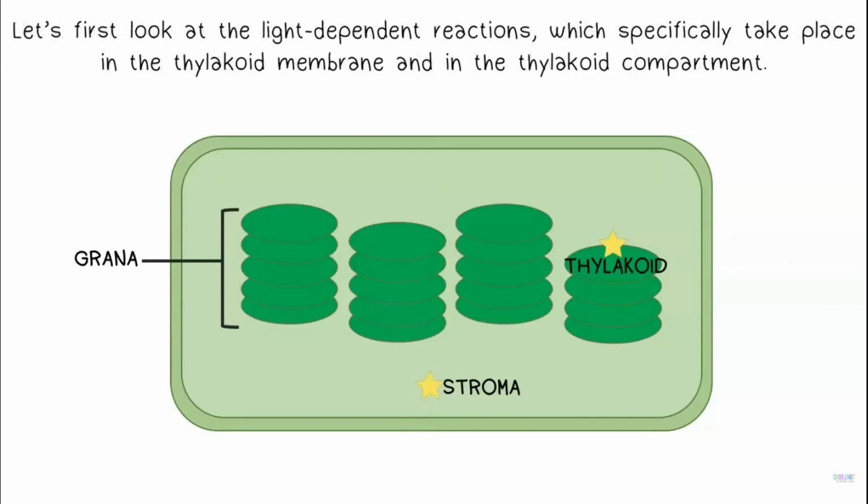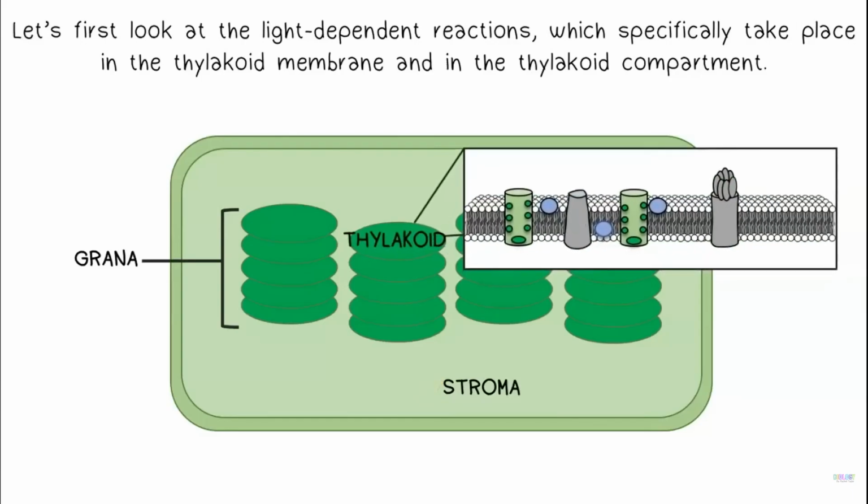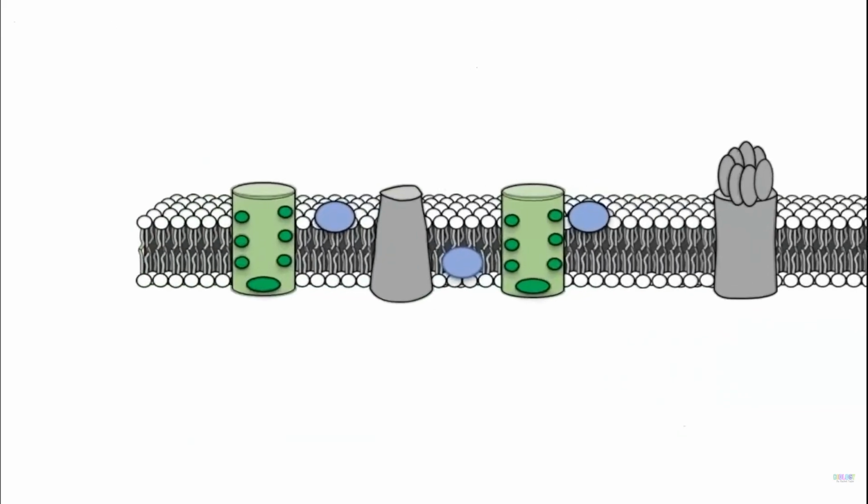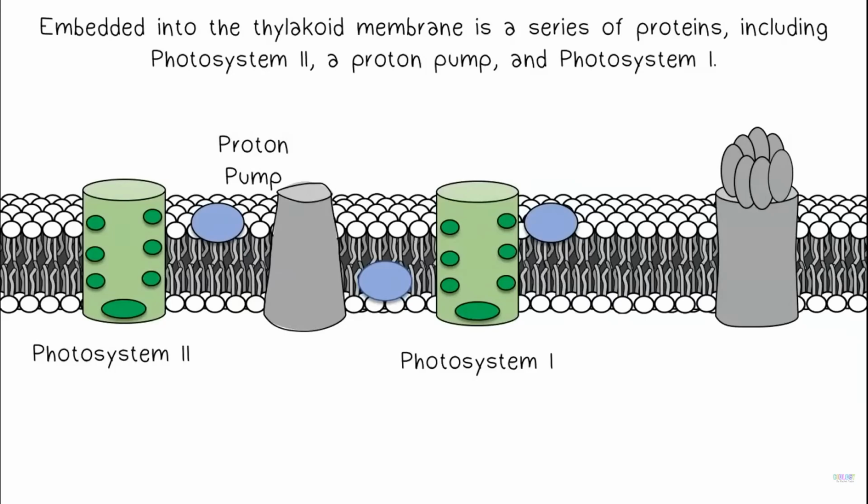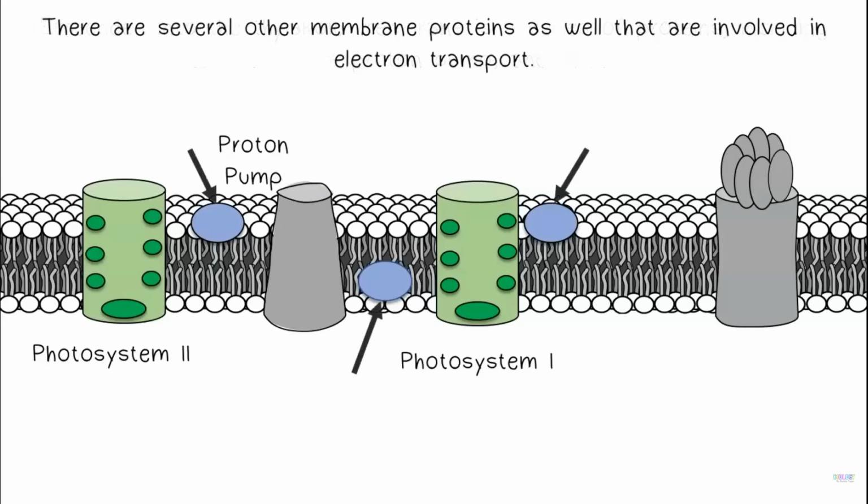Let's first look at the light-dependent reactions, which specifically take place in the thylakoid membrane and in the thylakoid compartment. Embedded into the thylakoid membrane is a series of proteins, including photosystem 2, a proton pump, and photosystem 1. There are several other membrane proteins as well that are involved in electron transport.